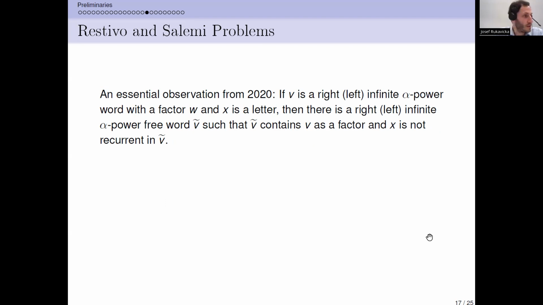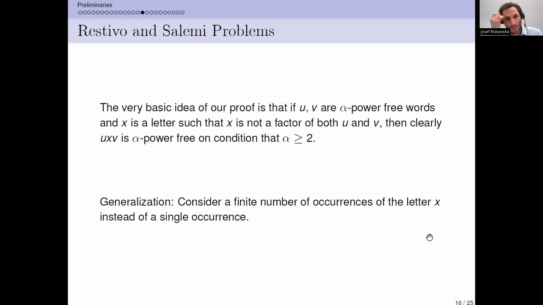This also explains why I need the Dejean conjecture, the Dejean theorem, the results that I just presented. Because if I have some alphabet of size k, I need one letter of this alphabet to be this special letter, which has only a finite number of occurrences.